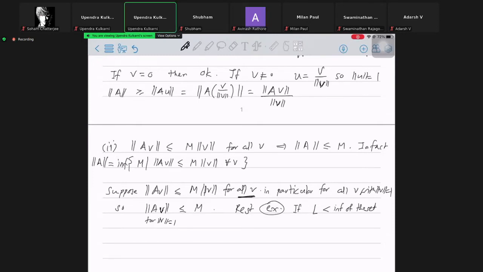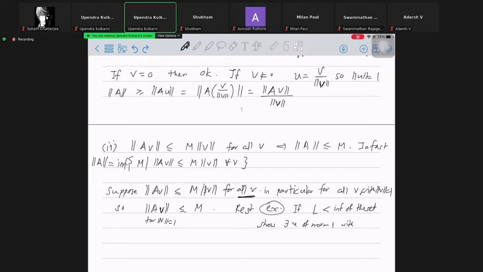Exactly. So that means that there has to be a unit vector U such that A times U has to be strictly greater than L. Then show that there exists U of norm 1 with, sorry, what? I've almost written the proof, but so what?